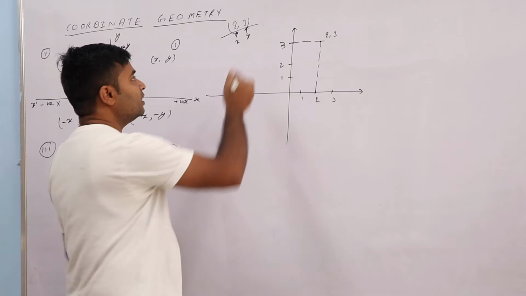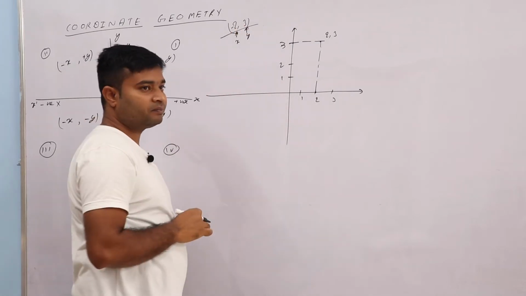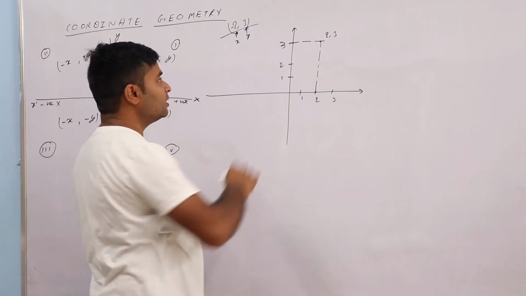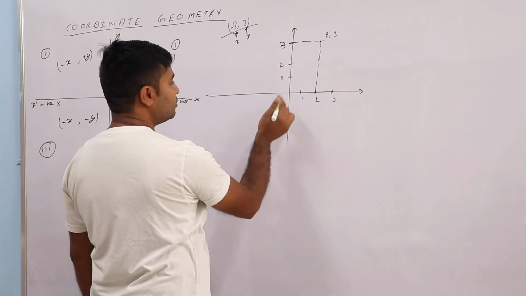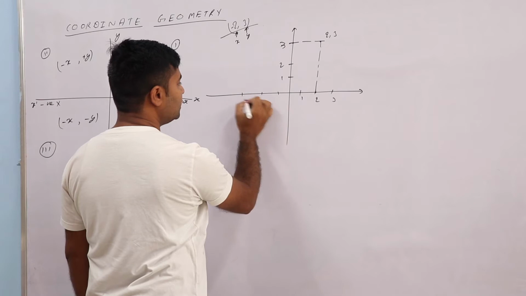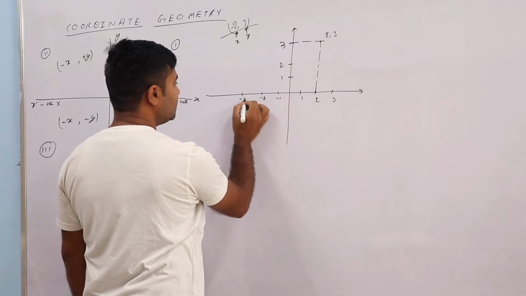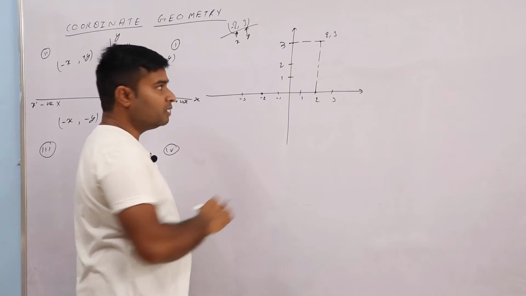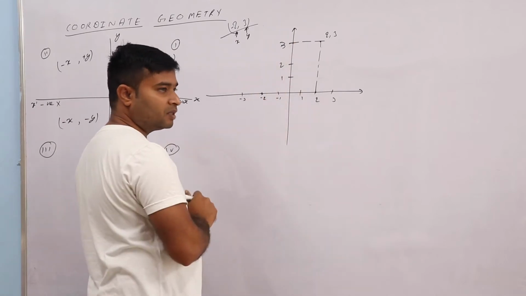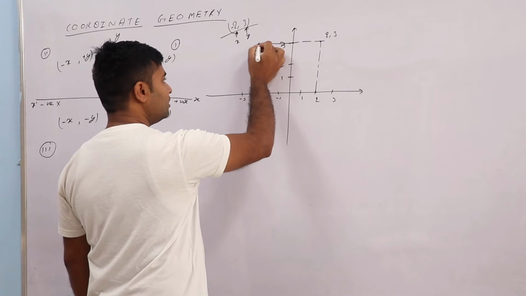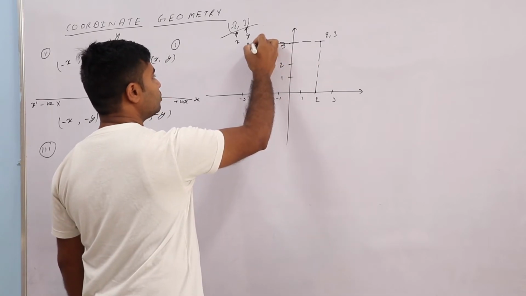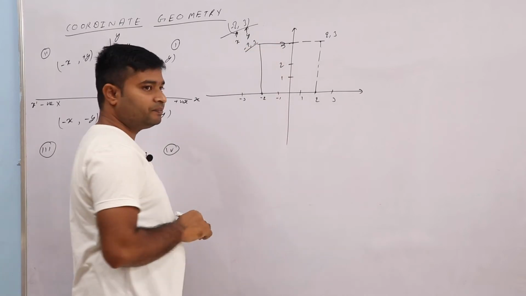Now if I say minus 2 comma 3, it is the second quadrant. So 1, 2, 3, minus 1, minus 2: x is equal to minus 2, y is equal to plus 3. So bring it here, and this becomes minus 2 comma 3.